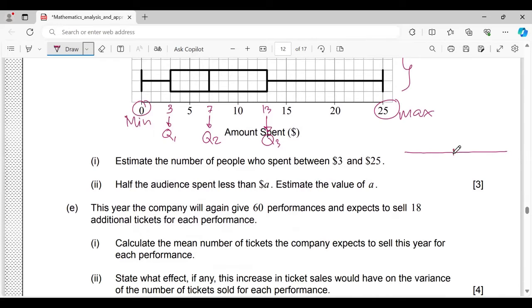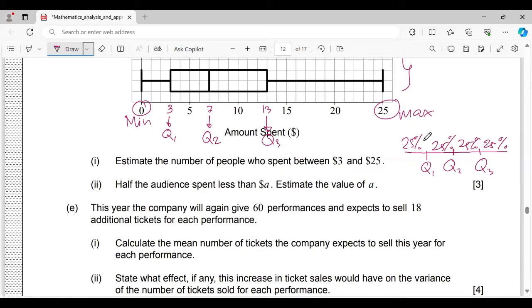If Q2 here, Q1 here, Q3 here, then this is 25% data, 25% data as well here, 25% data, and 25% data.